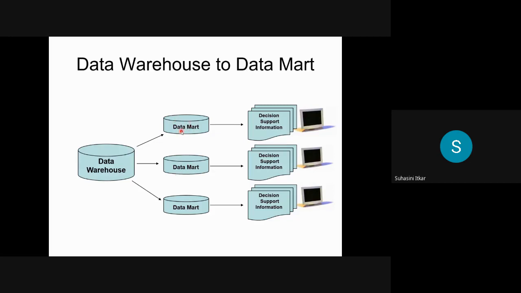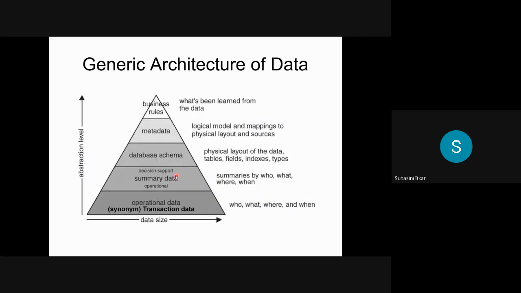Data marts are local entities, while the data warehouse is a global entity, so this improves the performance of the system. So we discussed the data mart concept. Then we discussed the generic architecture of the data warehouse, which we already covered.